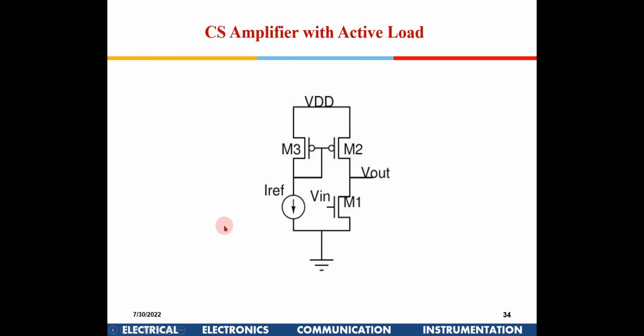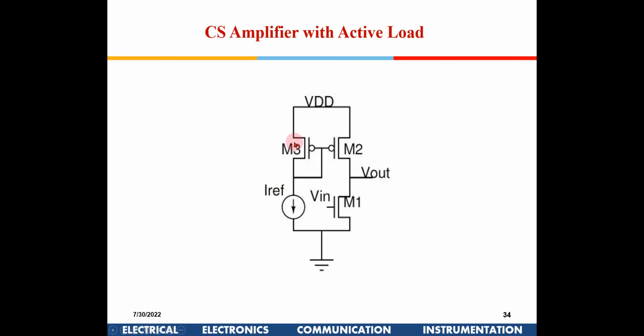Those kinds of reference currents will be generated. In all your analog circuits we have something known as bandgap reference circuits, which is not part of your syllabus, but if I find some spare time, I will try to explain how those circuits work. So we generate reference currents which are independent of VDD and independent of temperature.